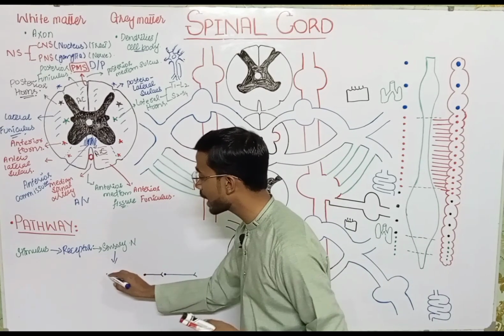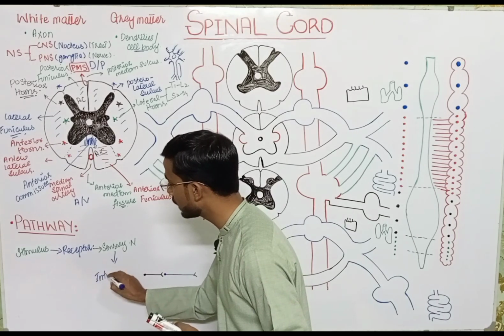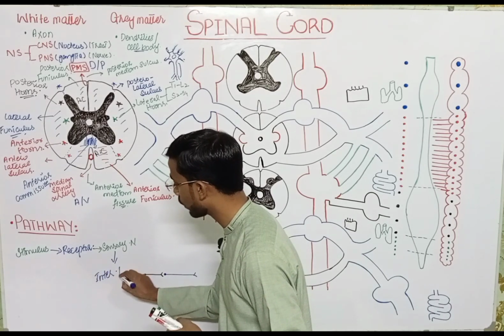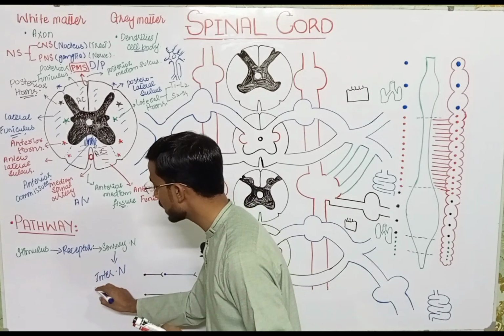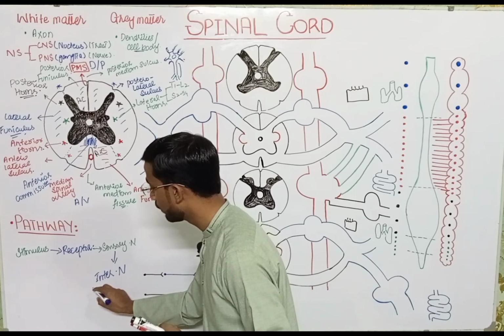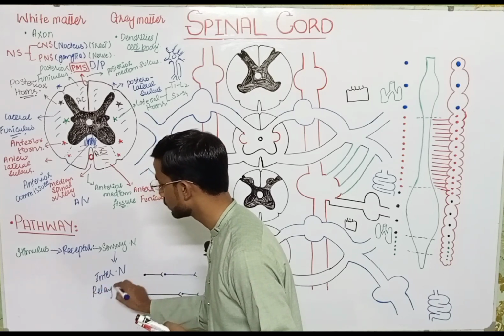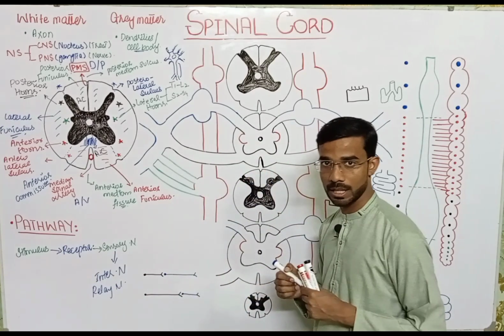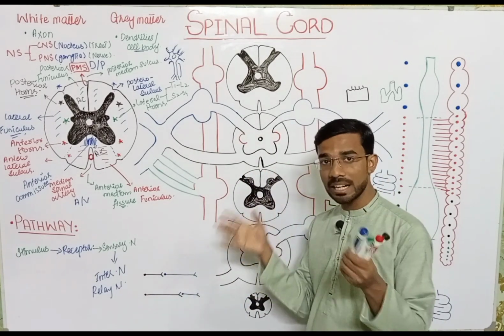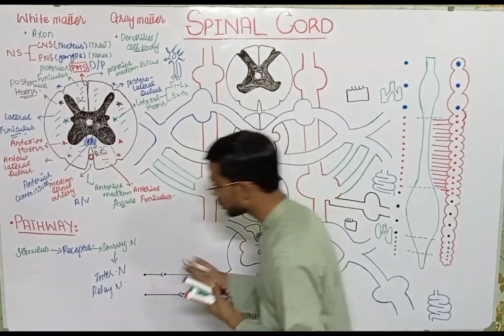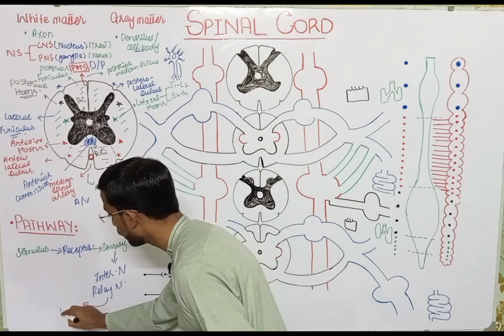The spinal cord and brain are actually formed by the interneuron, or you can say relay neuron.